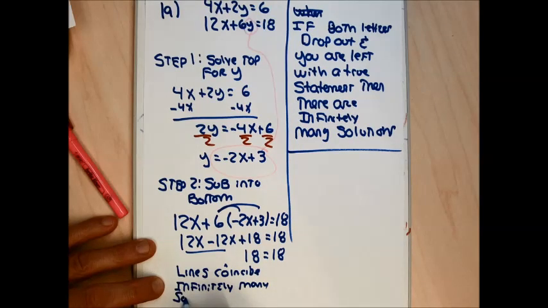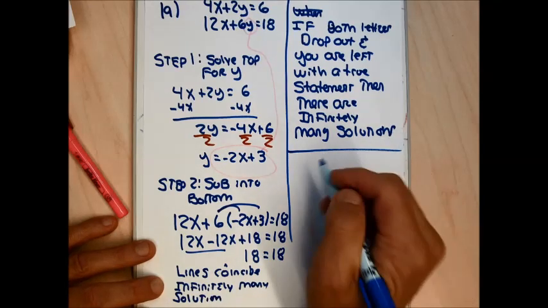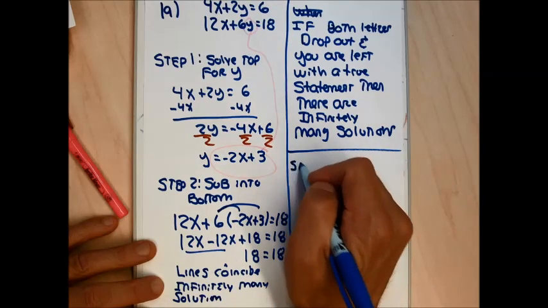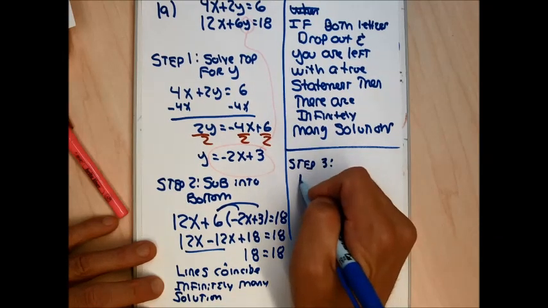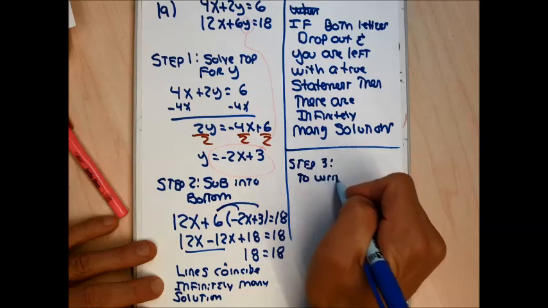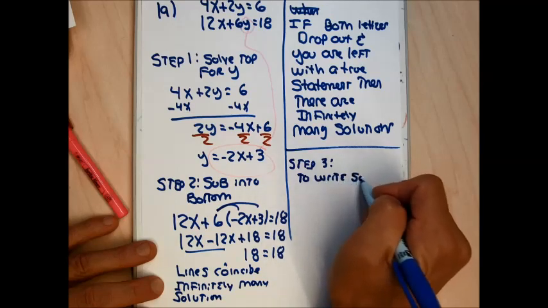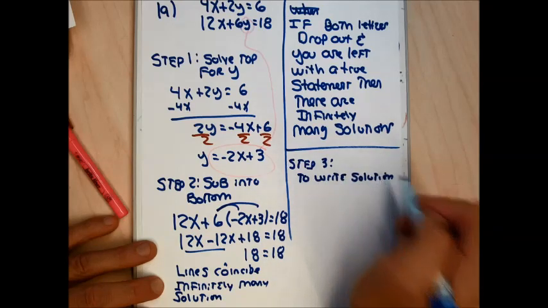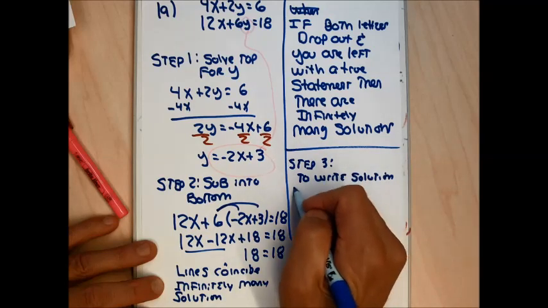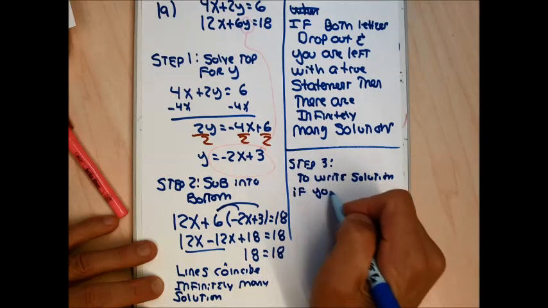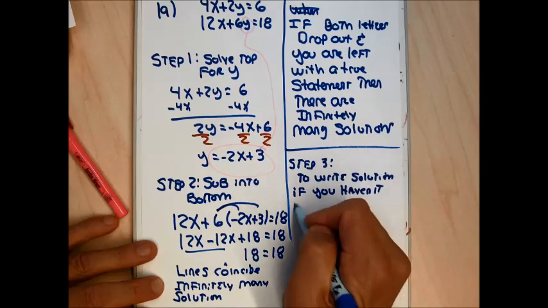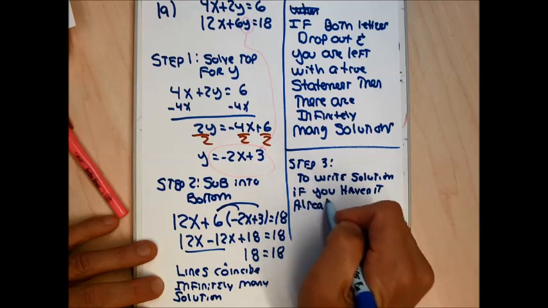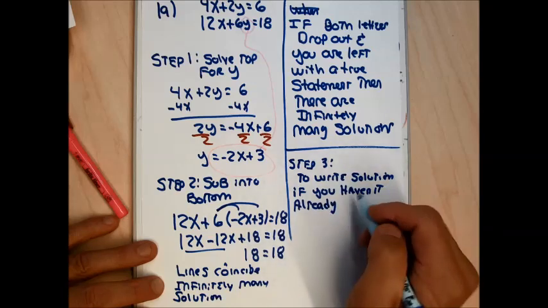To write your solution properly, so step 3 of this, because there's infinitely many solutions, if you haven't already, pick an equation and solve it for y. I have, so this is done. But if you would have picked an equation and solved for x, you'll need to do this.